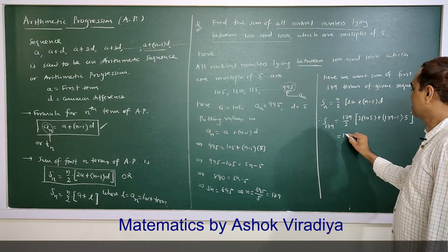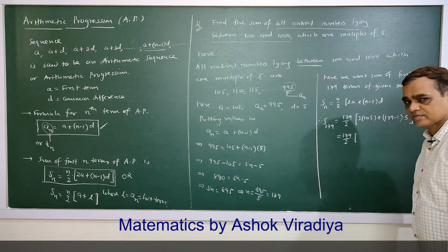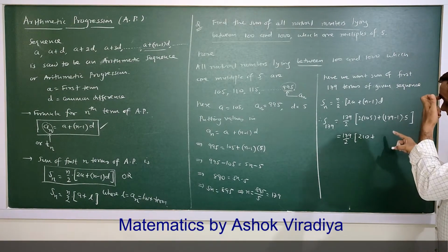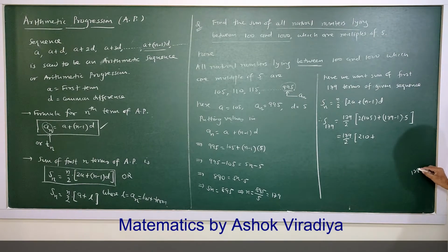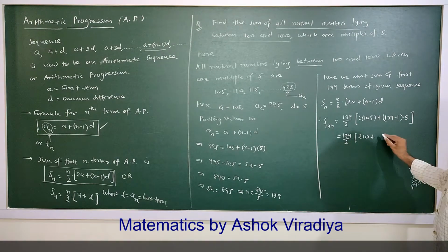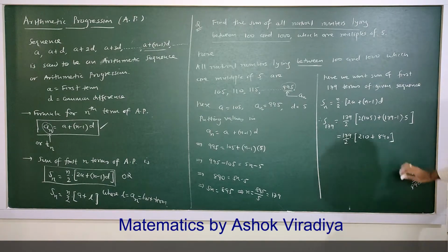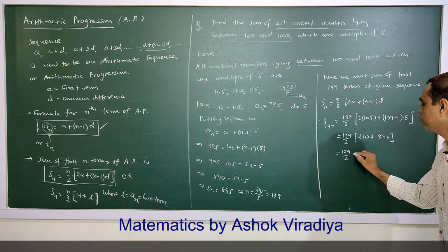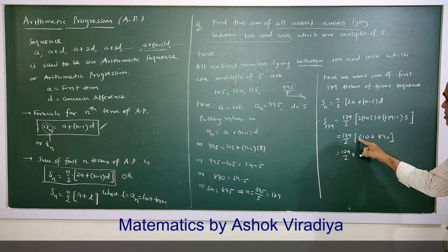So that is 179 by 2 into 210 plus 178 into 5. 178 into 5 is 890. So this is equal to 179 by 2 into 890 plus 210. So that is 1100.